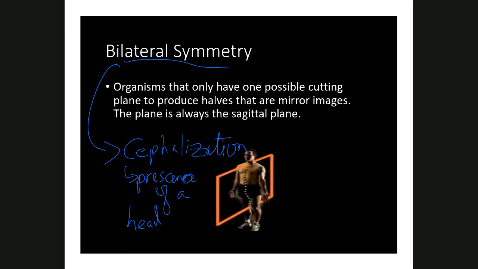Because you have your brain, your auditory senses, your sense of smell, sense of vision up near your mouth, you can't be divided in more than one way and produce mirror images.